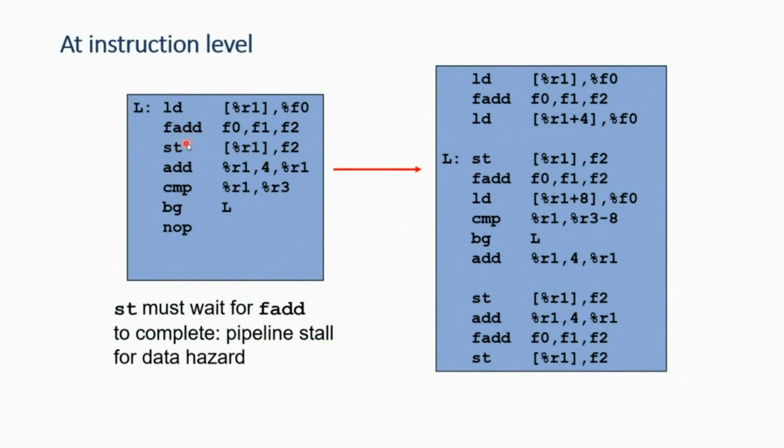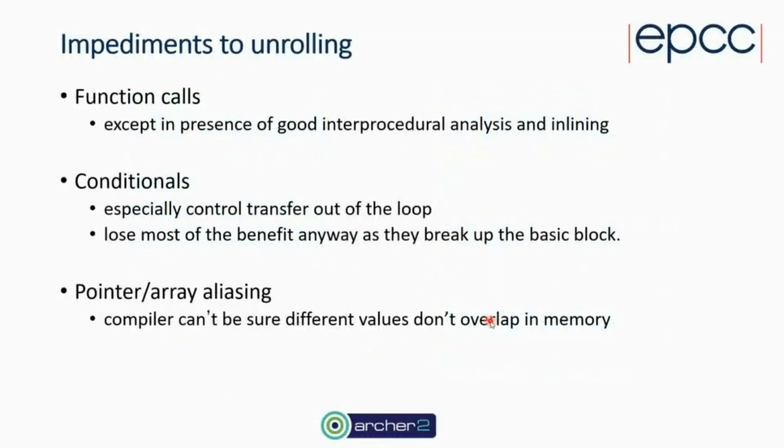So we move from having a pipeline stall on the store to the FAD, by moving them into different places, and that lets us get around some of these dependency hazards in our instruction pipelining.